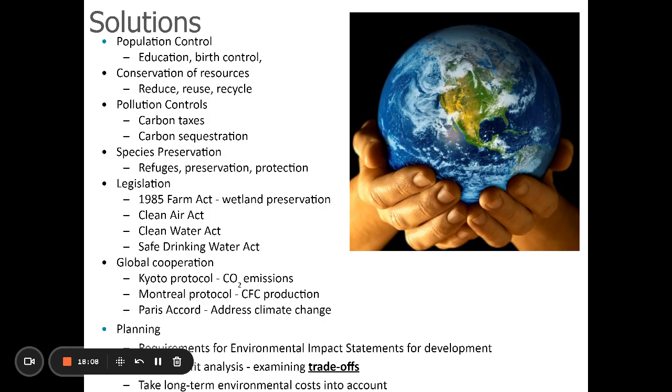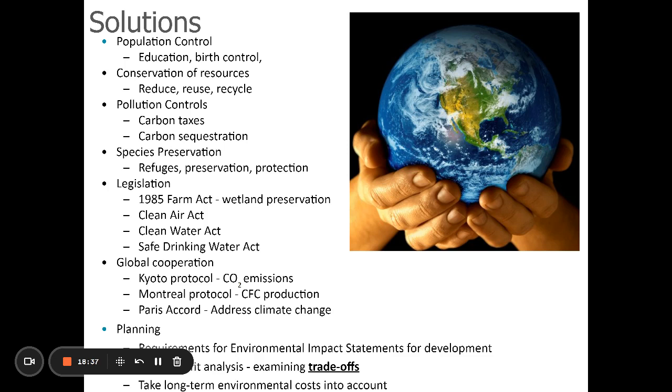So what do we do? How do we address some of these issues? This is a general list of ways that we can address all of the environmental issues that we've been talking about. Population. We talked at the beginning of this unit that human population is a driver of many of these environmental issues.